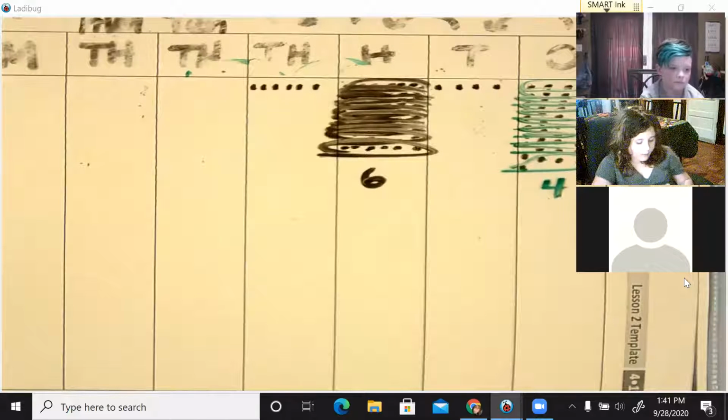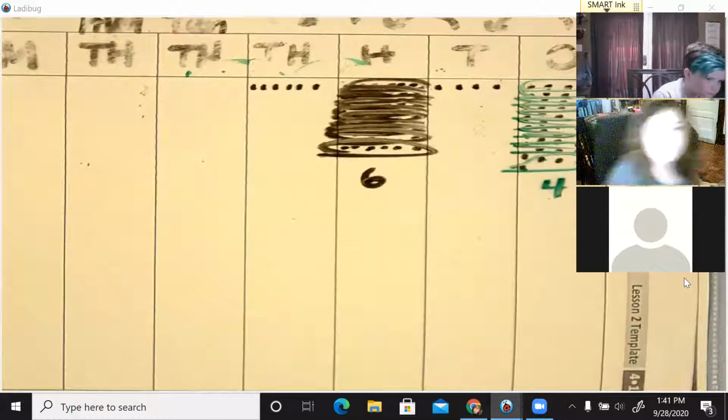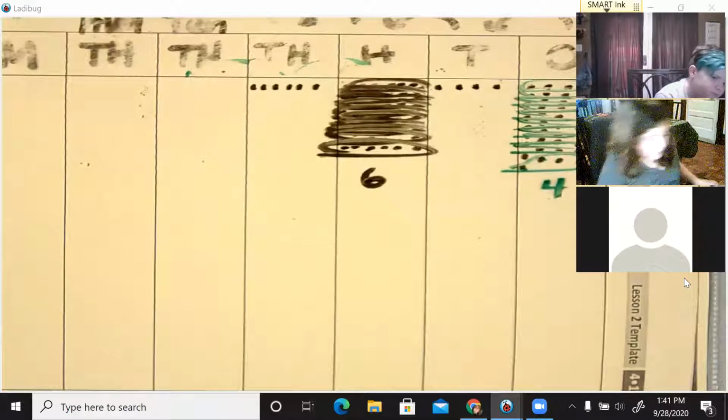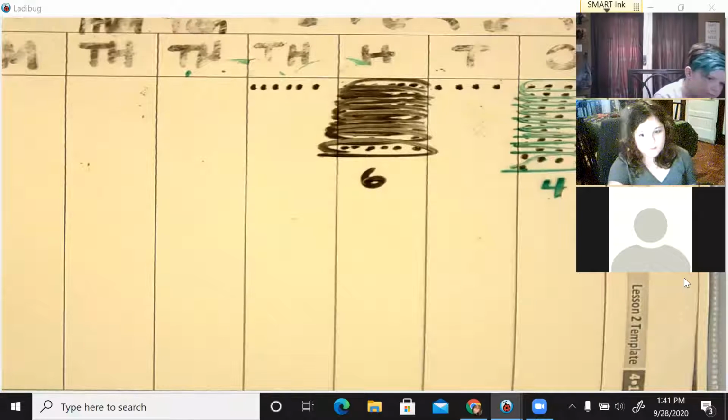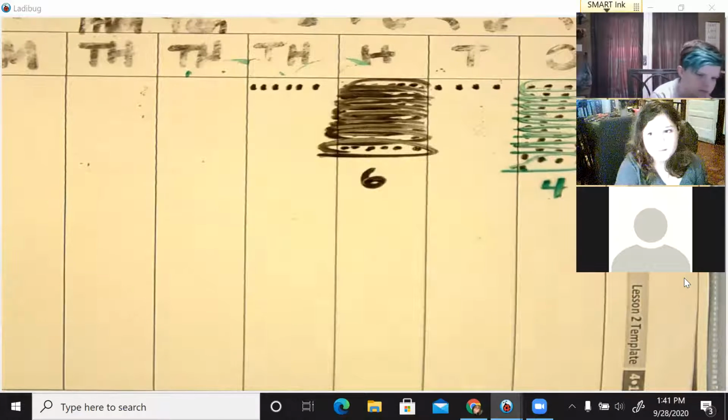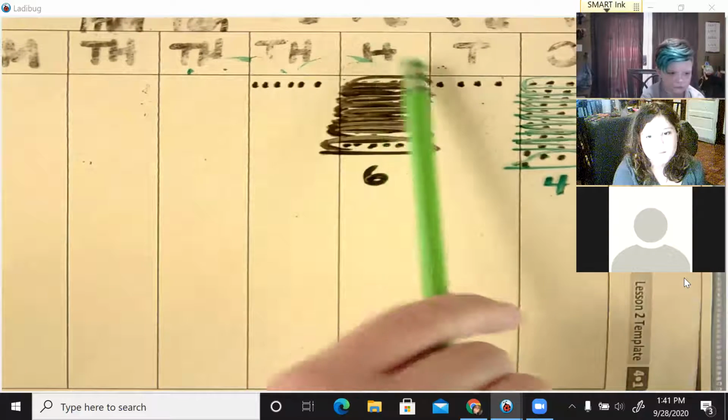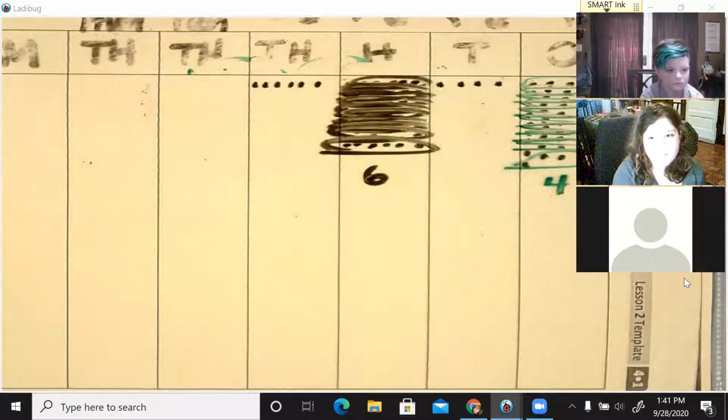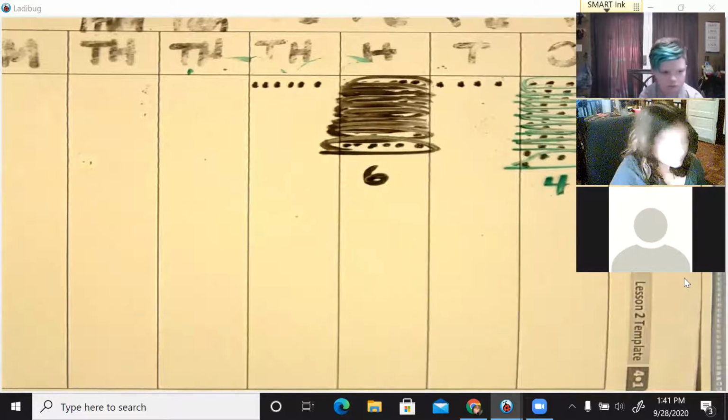So what would my unit form be for this answer? Olivia, what would my unit form be? Look at what's on my chart. How many hundreds do I have and how many ones do I have? Look at this. She's asking how many hundreds I have. 6 hundreds and 4 ones.